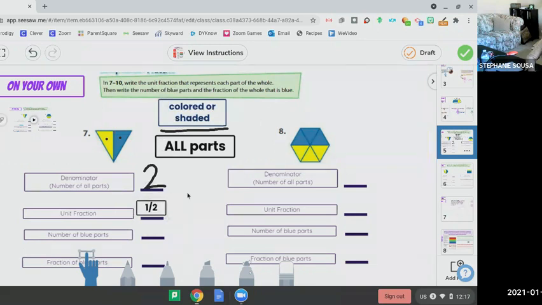Because there are 2 parts. Our top number is the number colored or shaded, and this asks us about one piece. And the bottom number is all of the parts on the triangle. There are 2 parts. If you had 1/2, great. If you did not, put it there now.